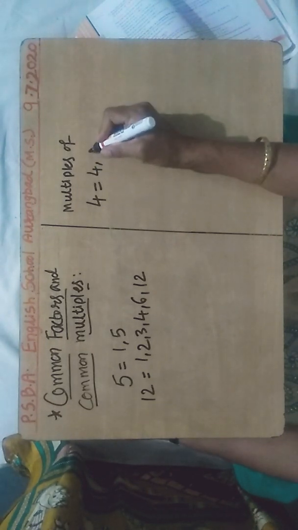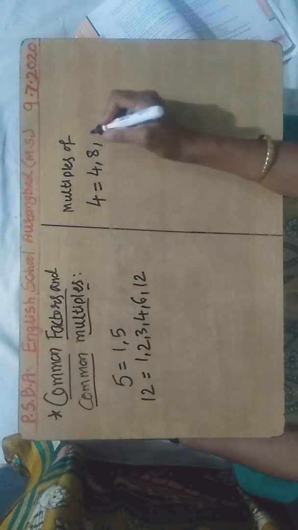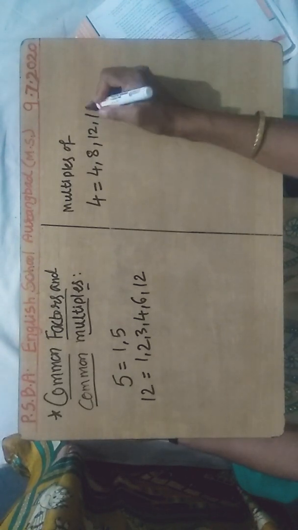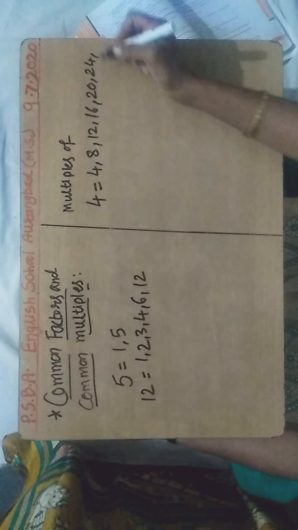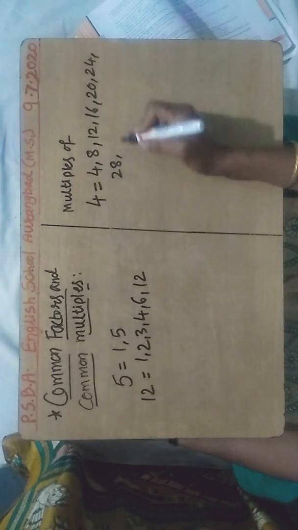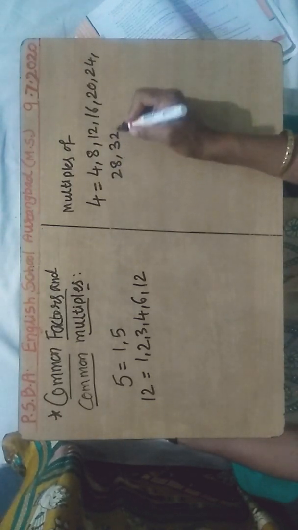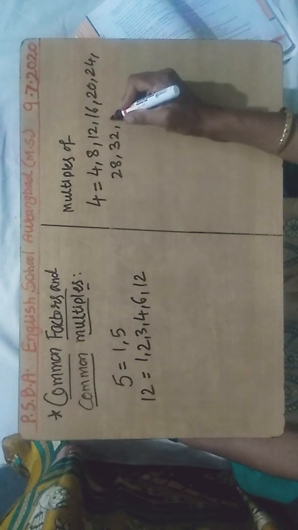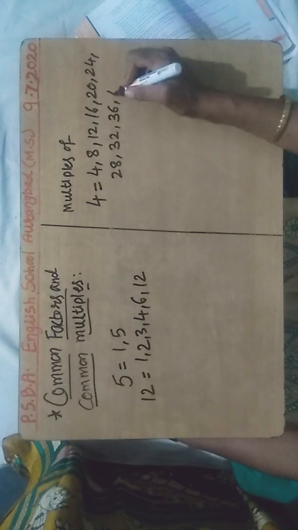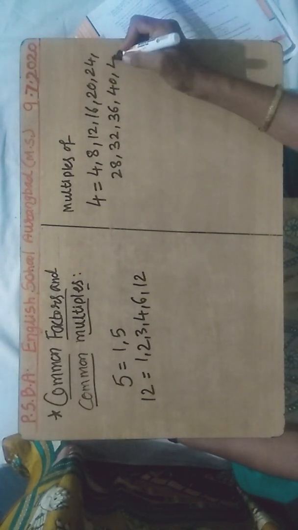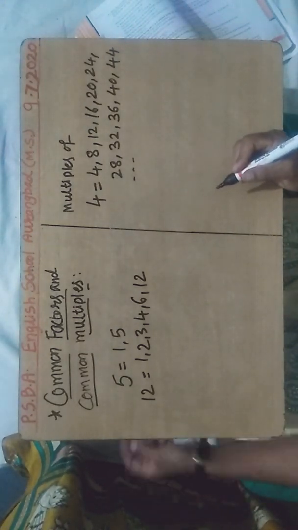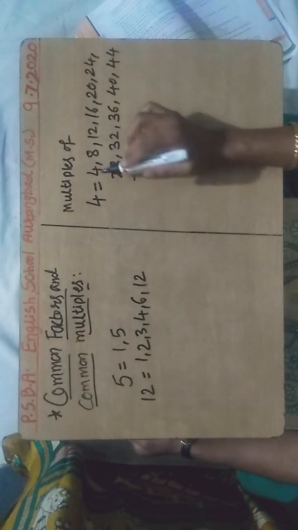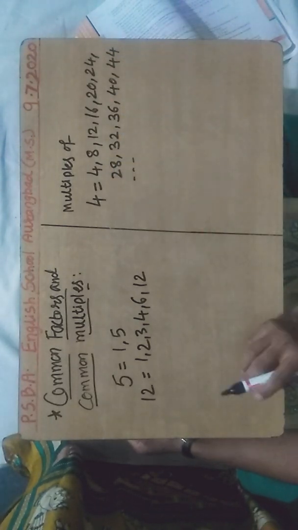So 4, 8, 12, 16, 20, 24, then 28, 32, 36, 40, 44. We can write so many, an infinite number of multiples, right? So these are the multiples and these are the factors.